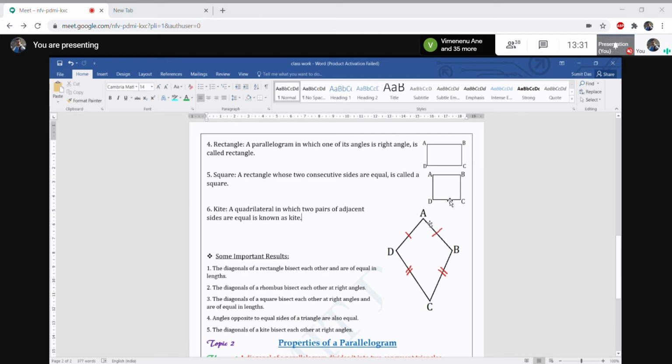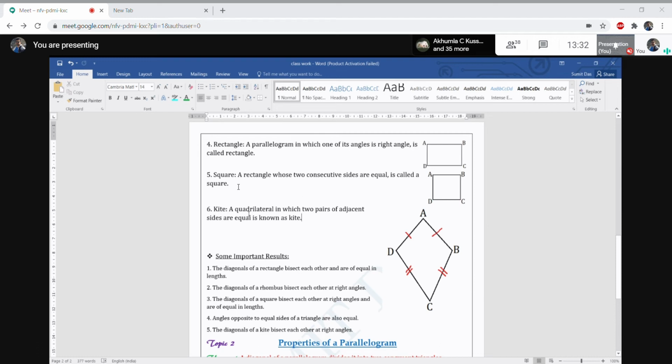Similarly, this angle and this angle are called adjacent angles. Am I clear? These are a few terms you need to know. Adjacent angles are angles like angle A and angle B. Similarly, the sides which are interconnected, like AD and AB, are equal in length, and similarly DC and BC are equal in length.